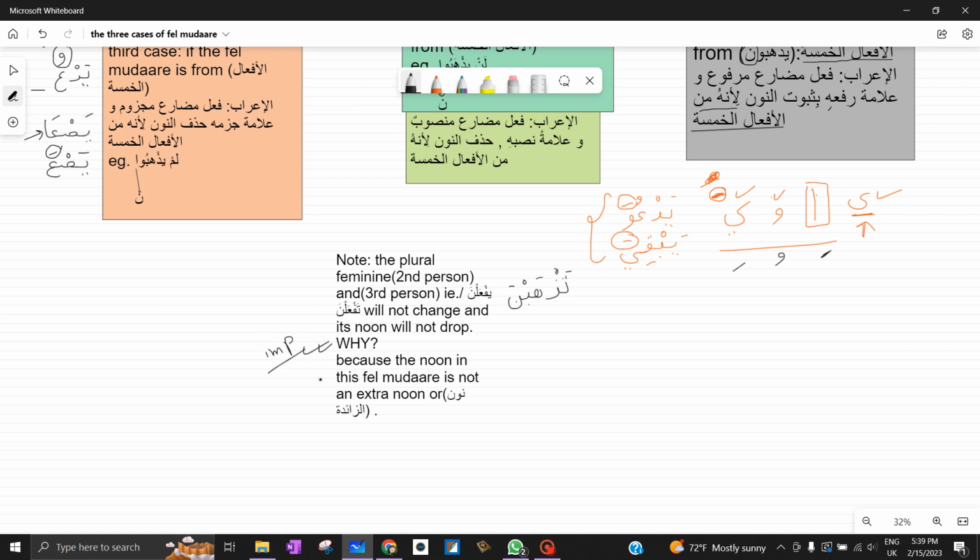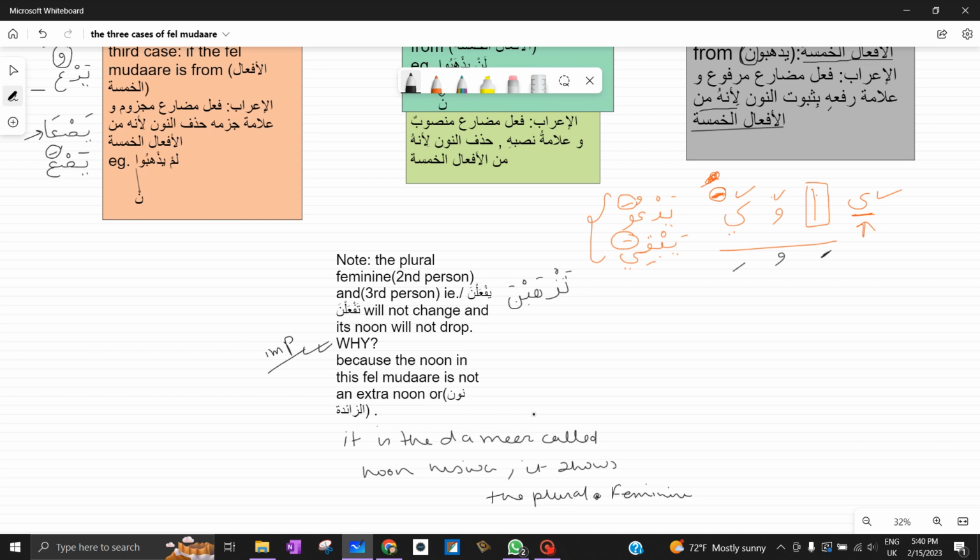I have discussed this, and it's a very important point, because the noon in this fail mudaare is not an extra noon or noon zaida. It is the damir called noon niswa. It shows the plural feminine. So this is the answer for this.